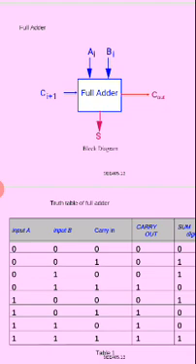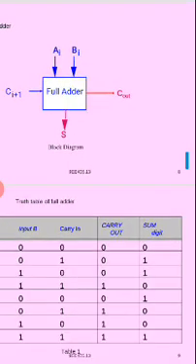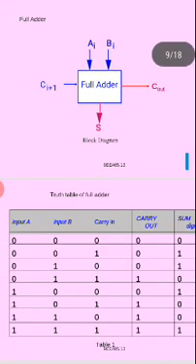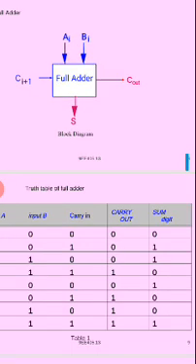Now for the truth table. It has three inputs: A, B, carry in. Three inputs. And two outputs, sum and carry out.